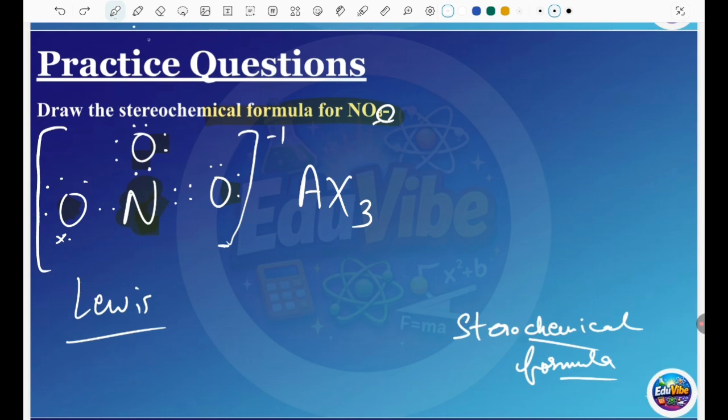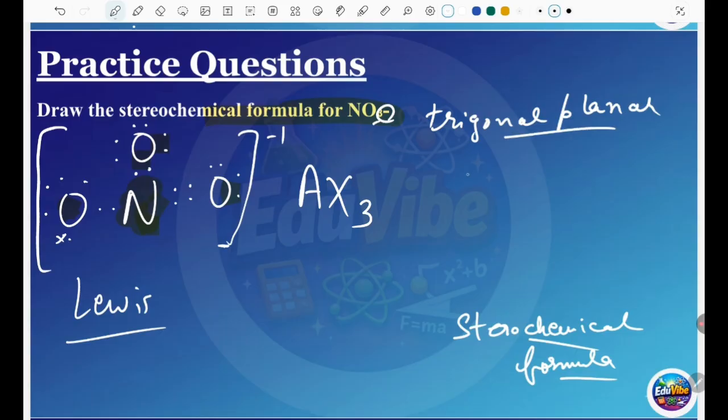So this AS3, if you don't memorize this yet, I told you that I will tell you some easy method for how we can make that VSEPR. We have to memorize the VSEPR things, all the VSEPR classes and the stereochemical formulas. This is the VSEPR class of the triangular pyramidal.